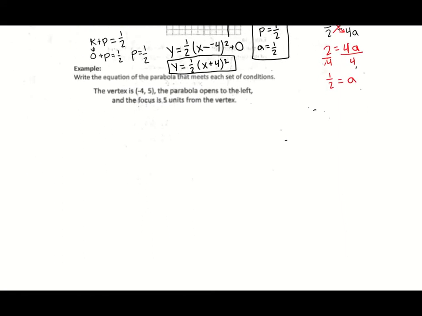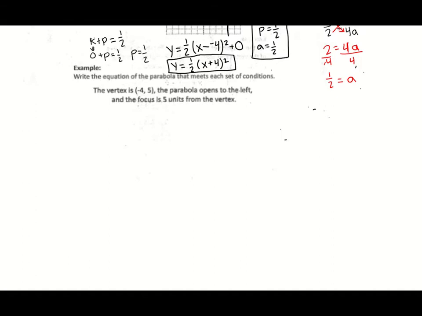Okay, one more example. This says write the equation of a parabola that meets each set of conditions. So this one, it's giving us that the vertex is -4, 5. The parabola opens to the left, and the focus is 5 units from the vertex. Okay, so first of all, it opens to the left.